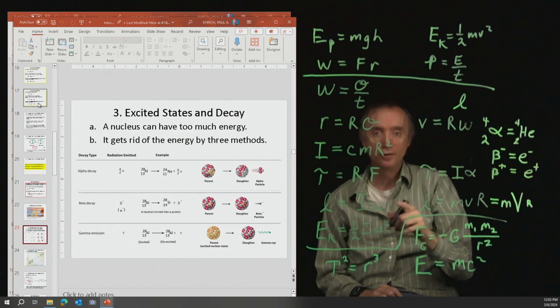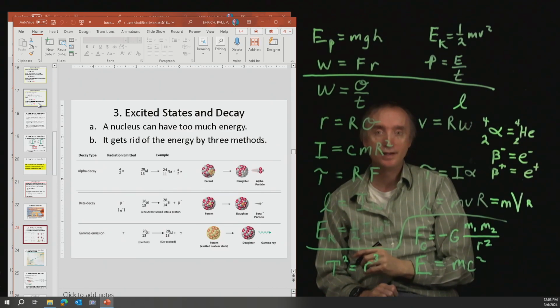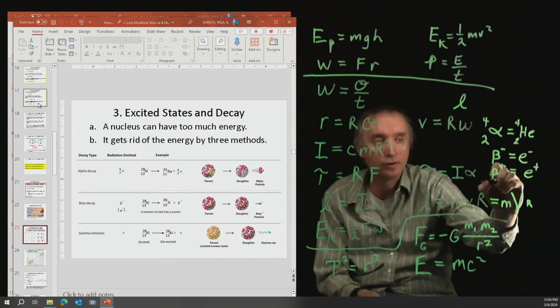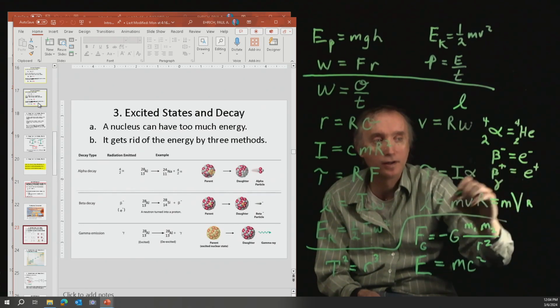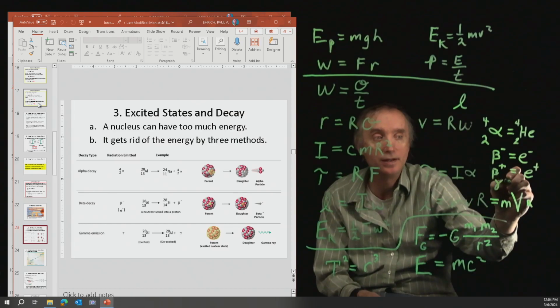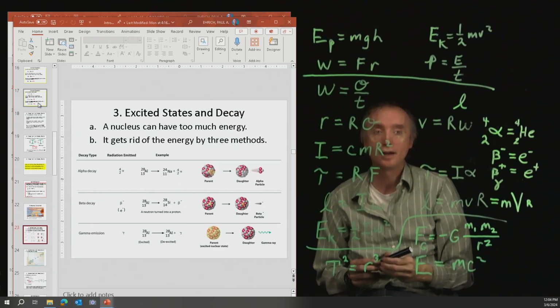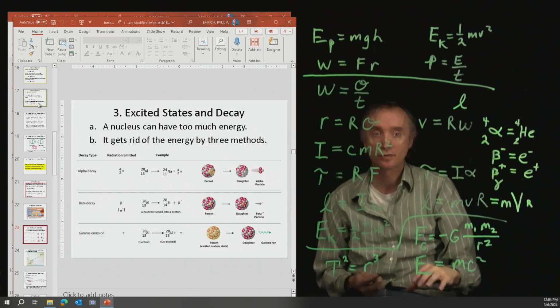Then the third mechanism is gamma radiation. This is the symbol for a gamma ray, and it is light. Do you remember when we talked about the electromagnetic spectrum?